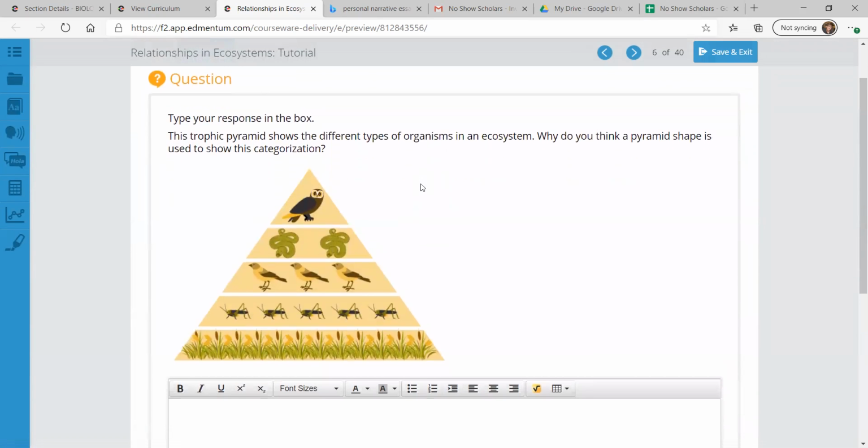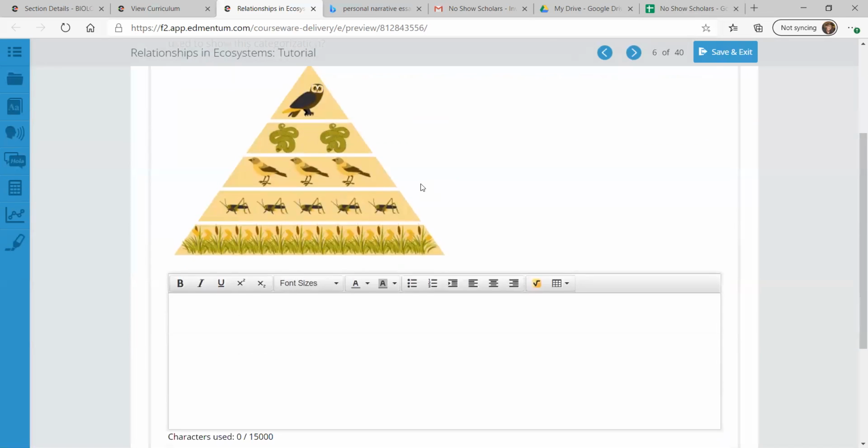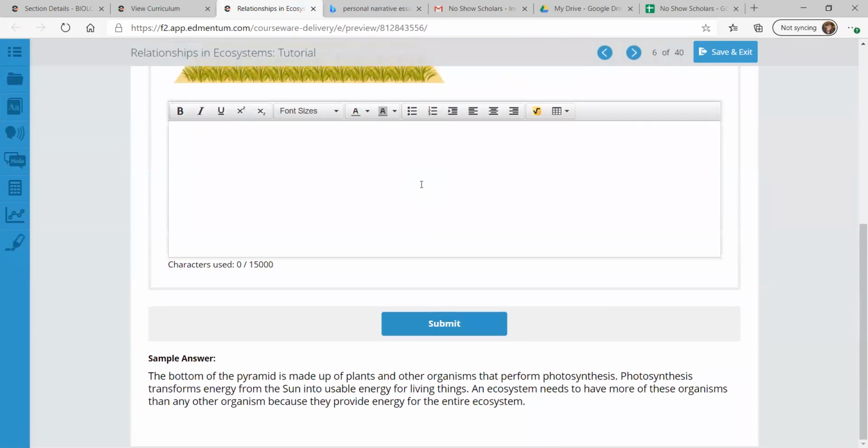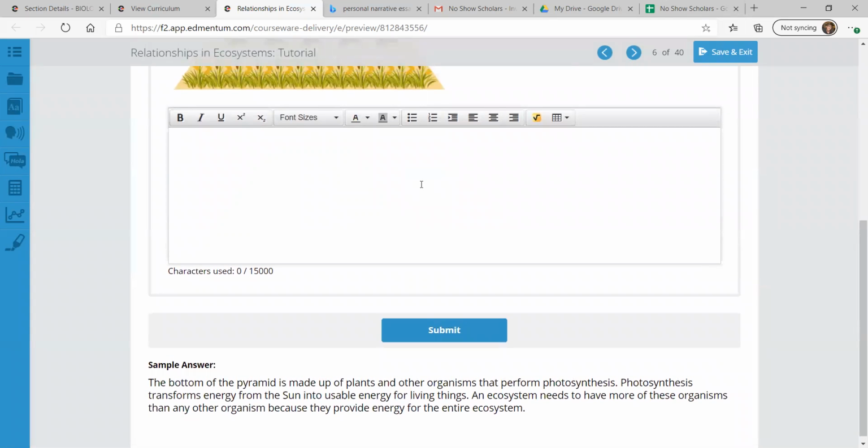This trophic pyramid shows the different types of organisms in an ecosystem. Why do you think a pyramid shape is used to show this categorization? Well, the bottom of the pyramid is made up of plants and other organisms that perform photosynthesis.